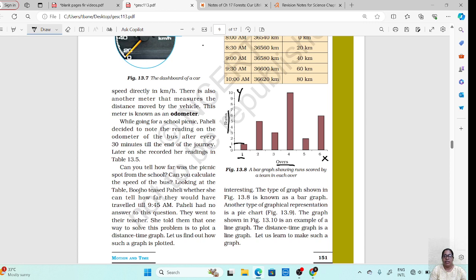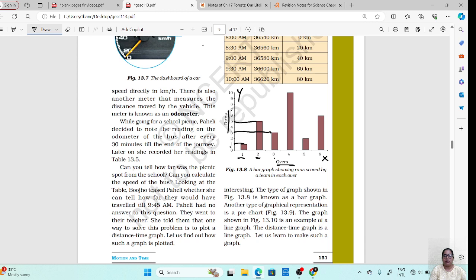Then the second over. We can say that in the second over, the number of runs scored by the player is 5 runs, because this bar ends at 5 runs and it is at the second over. Then in the third over, the number of runs scored by the player is 3, as it is touching the third run.